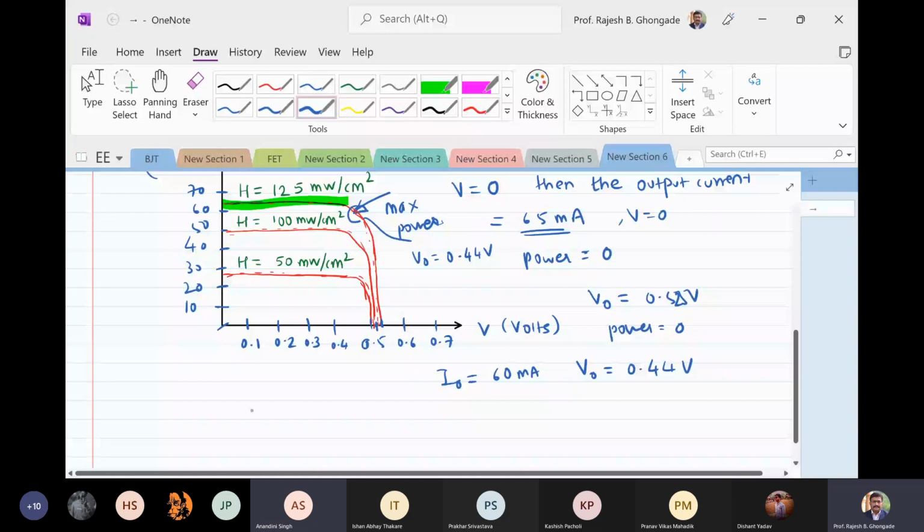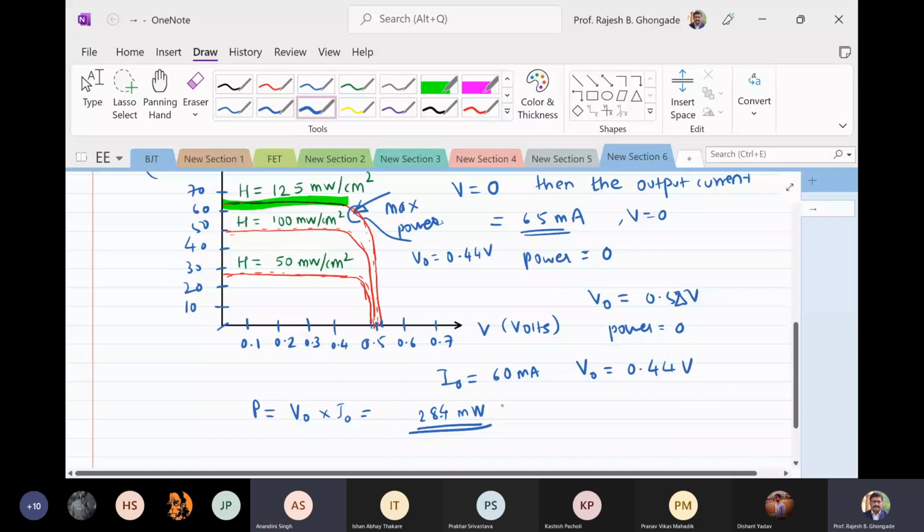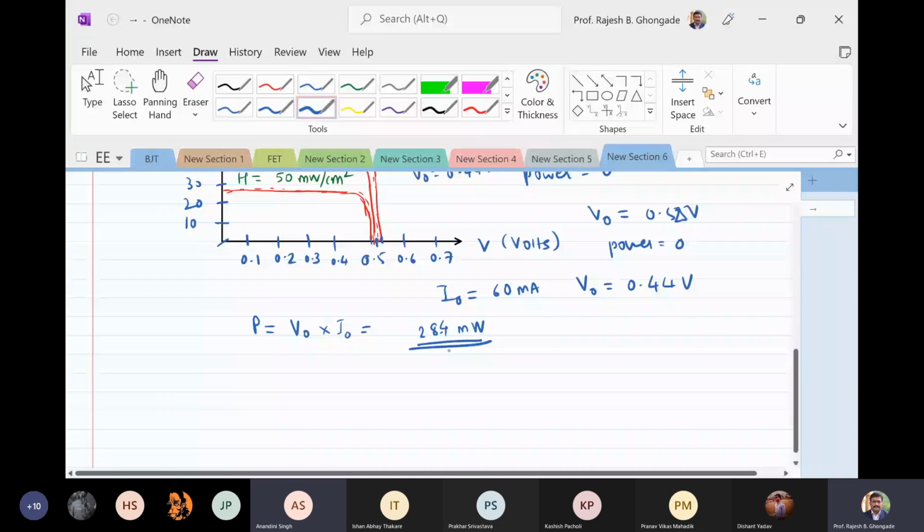What is power? V out into I out. Can somebody work this out? So 28.4 milliwatt. This is the power generated out of this device. 28.4 milliwatt is a very small power.